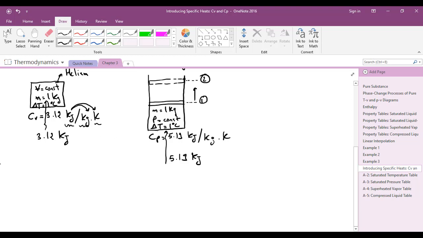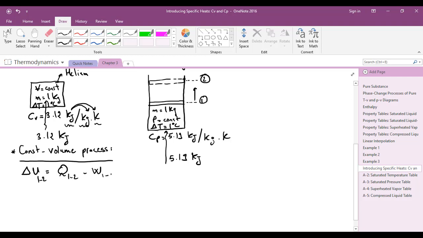Let's first, for the constant volume process, apply the first law of thermodynamics. We will have delta U from 1 to 2 equal Q from 1 to 2 minus W from 1 to 2.